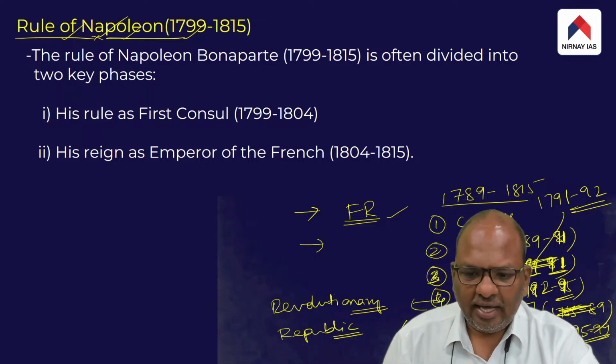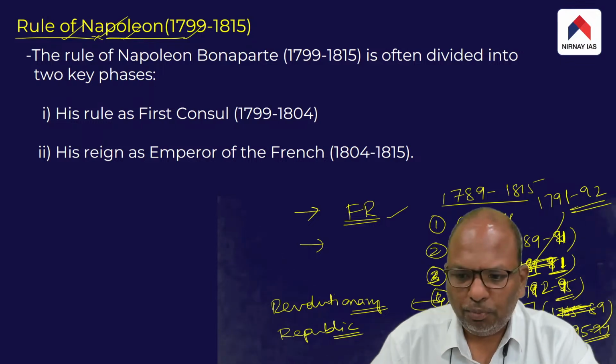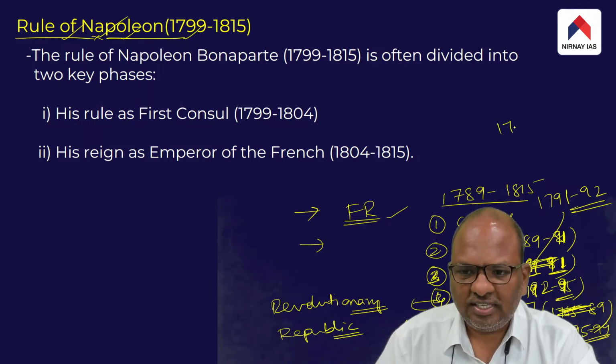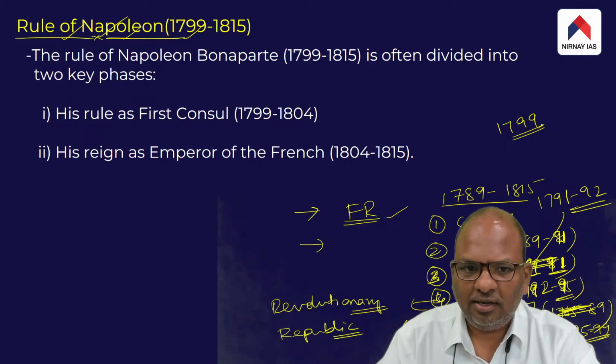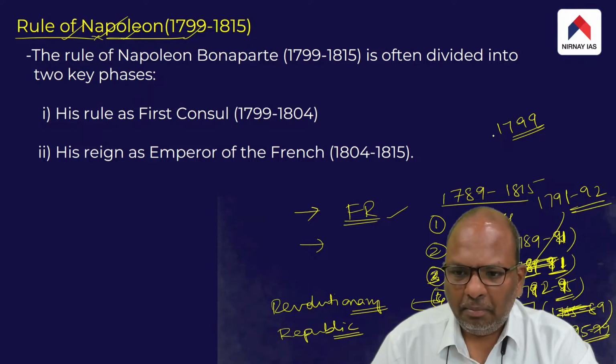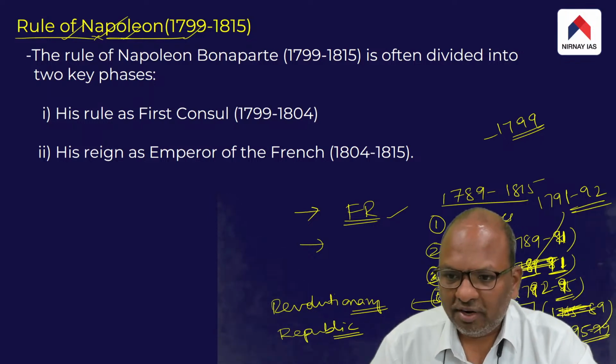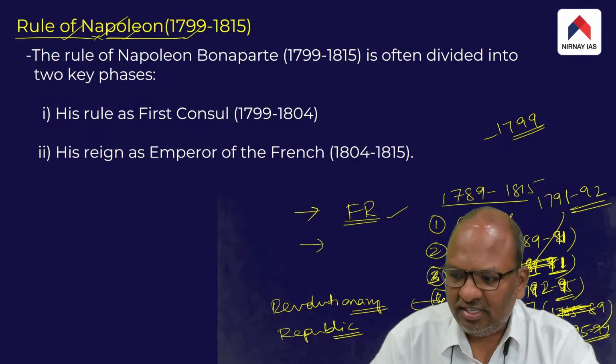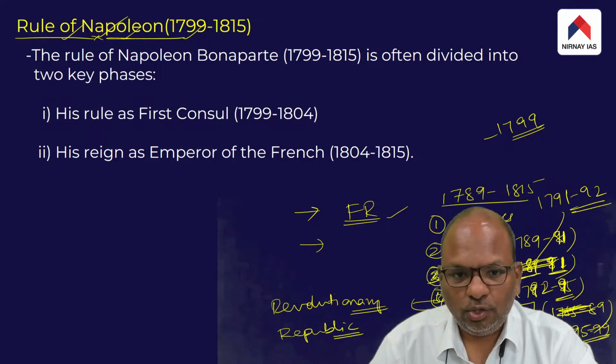The Directory also became unpopular by the end of 1799. So one of the directors, by name Abbasius, conspired with Napoleon, leading to the overthrow of the Directory.